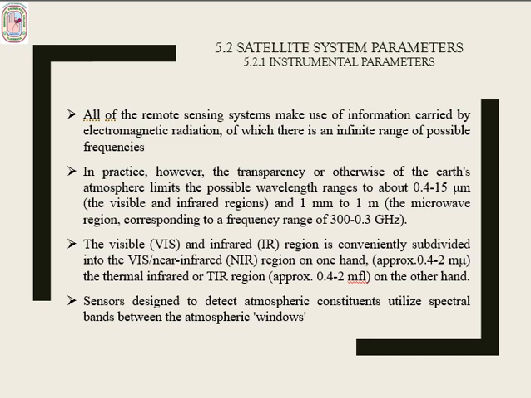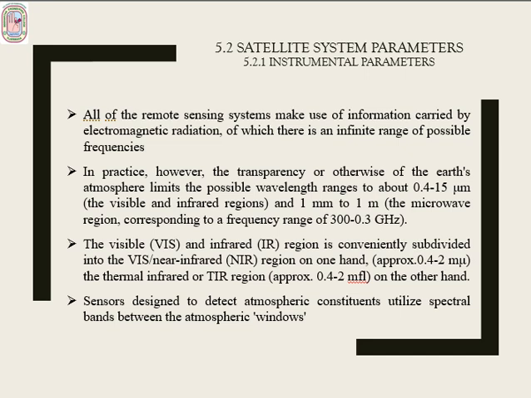Most systems operate in specific windows. For example, visible and infrared in 0.4 to 1.15 micrometers for optical imaging. Similarly, microwave for 1 millimeter to 1 meter or 300 to 0.3 gigahertz for radar or passive microwave sensing.